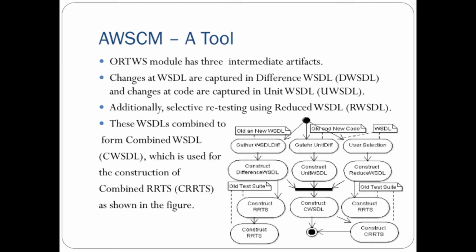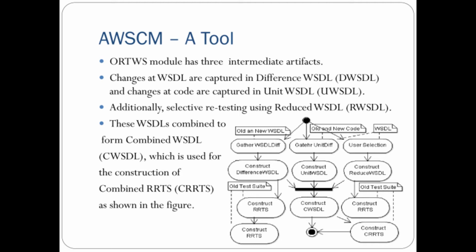With the help of old WSDL and new WSDL, you can construct a unit WSDL. Then the user can select some of the operations for the selection, analysis, and construction of this reduced WSDL. And this reduced WSDL is used for further analysis and construction of RRTS, reduced regression test suite.